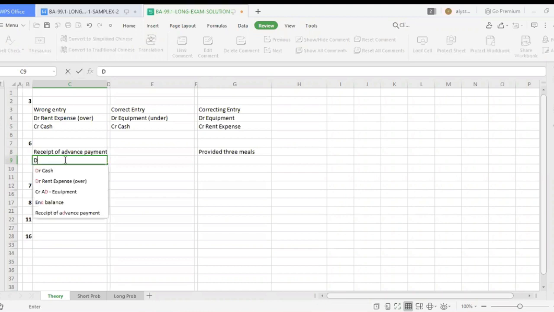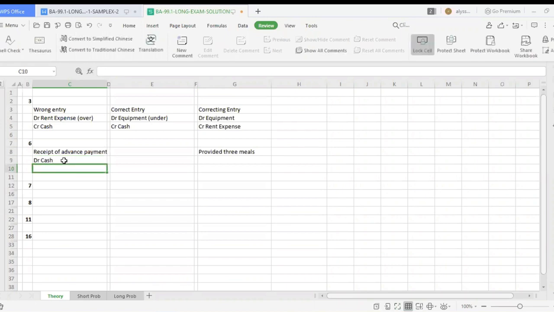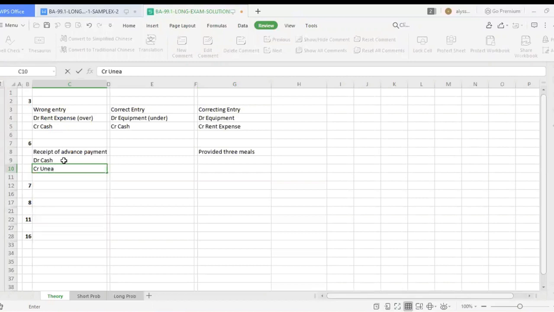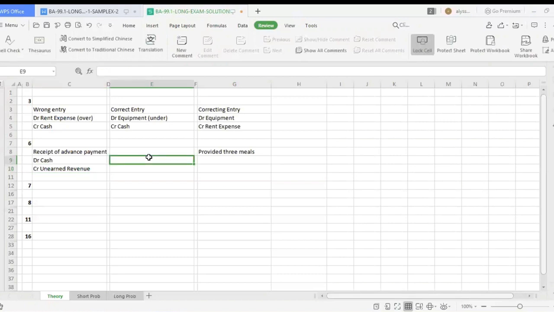So debit cash, since the company received cash. Then credit unearned revenue. So cash of 2,000, and unearned revenue at the same time, same amount, 2,000.